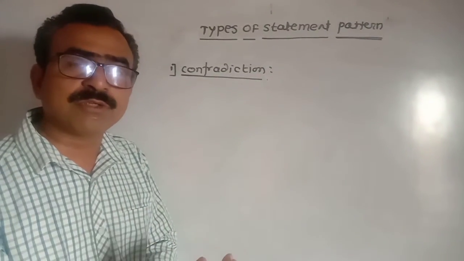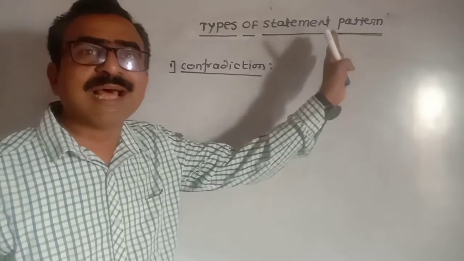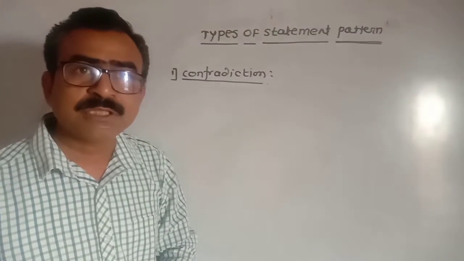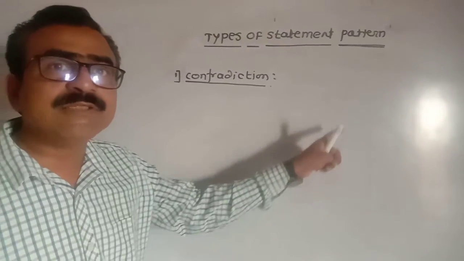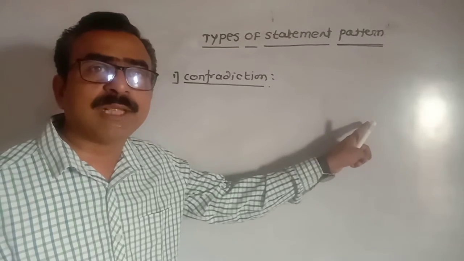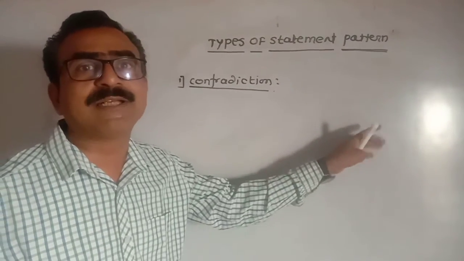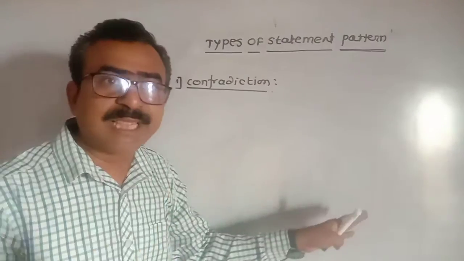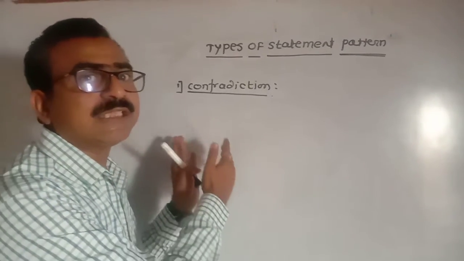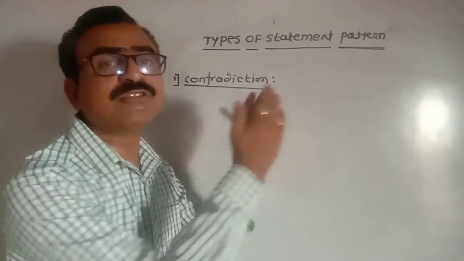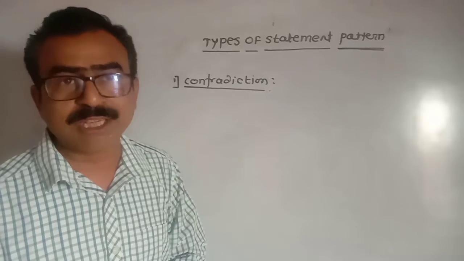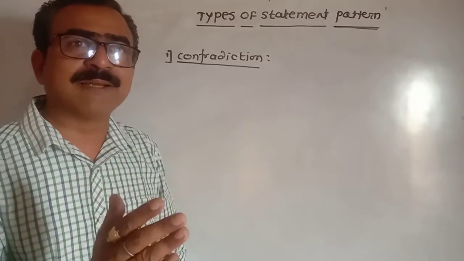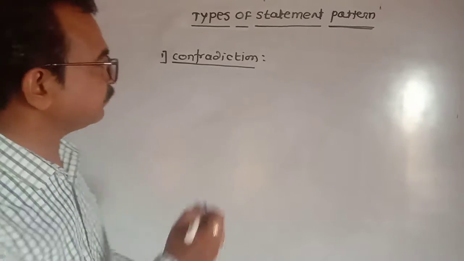After constructing the truth table, check the last column. If all entries of the last column are false, then you can say that the given statement pattern is a contradiction.